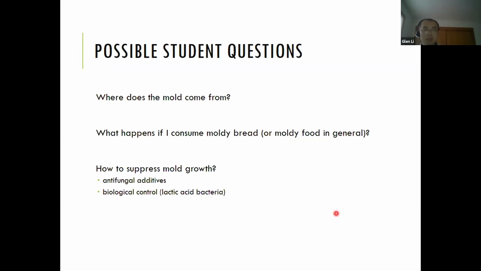The germination process requires moisture, which means mold cannot grow in a moisture-free environment. But once the colony is established, it has some resistance against low moisture because it forms a biofilm that slows down water loss from the colony.